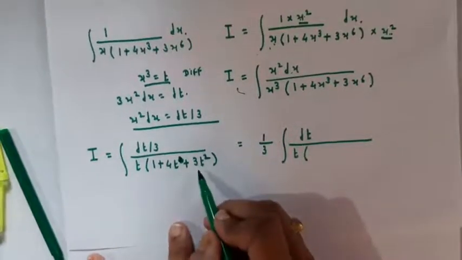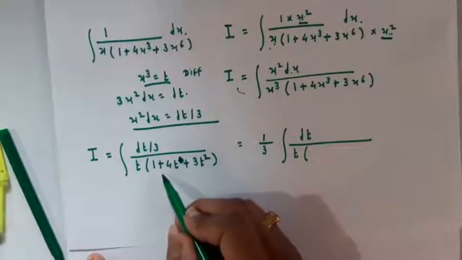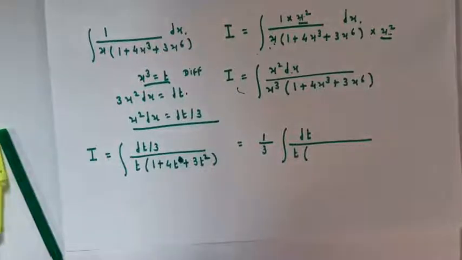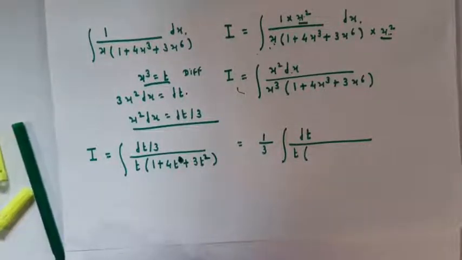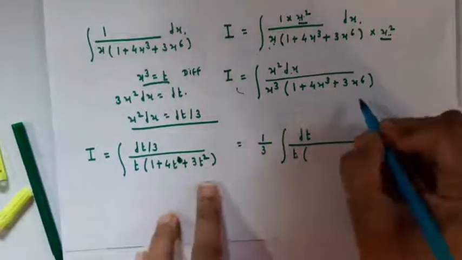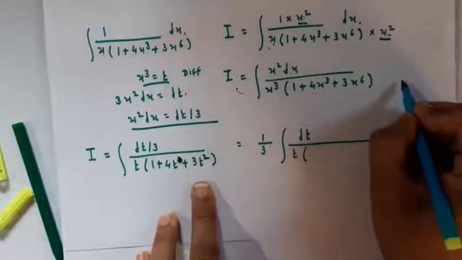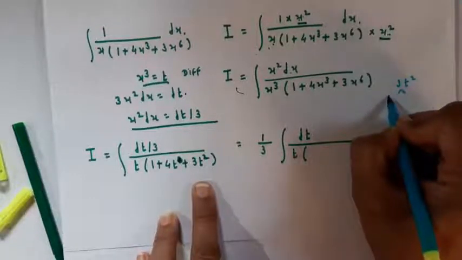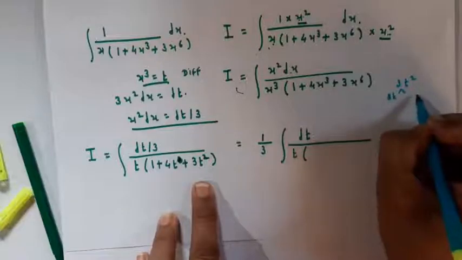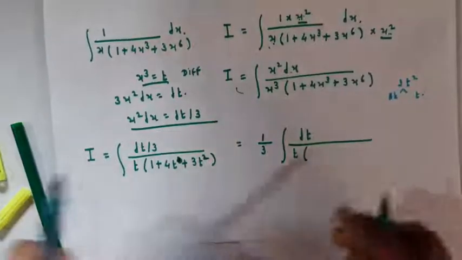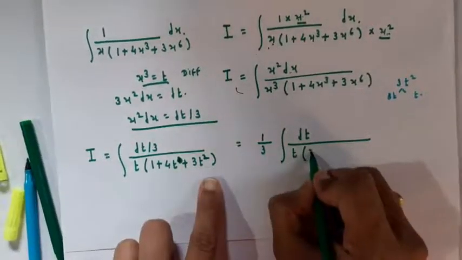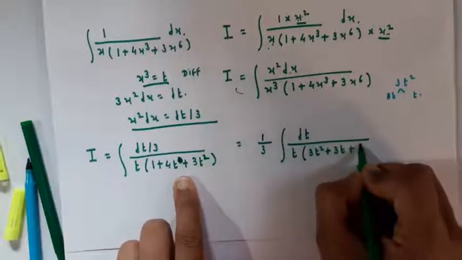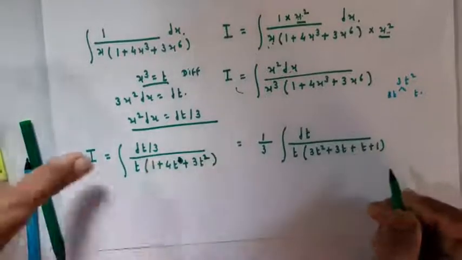Now the factors of 3t square plus 4t plus 1, this is a quadratic polynomial, and its factors will be 3t square plus 3t plus t plus 1 with respect to t.